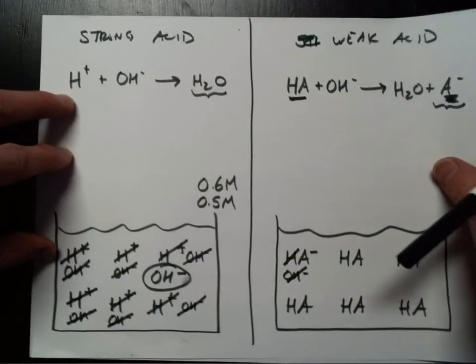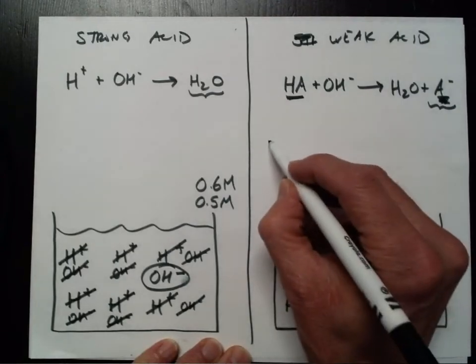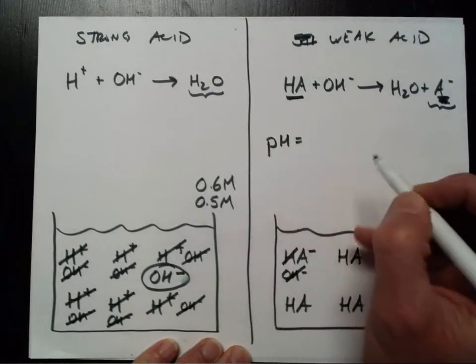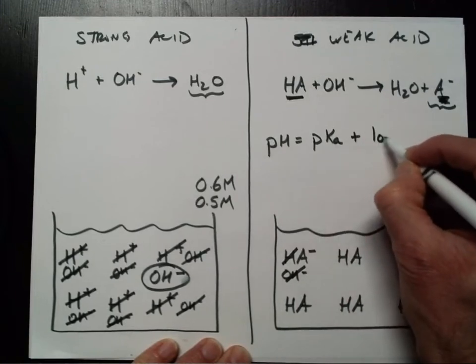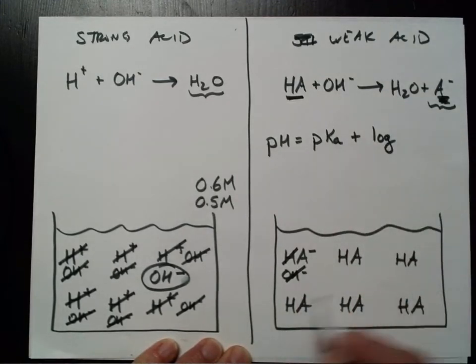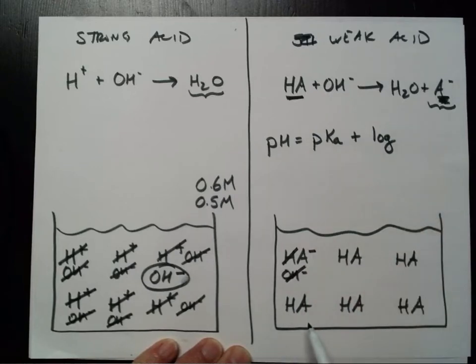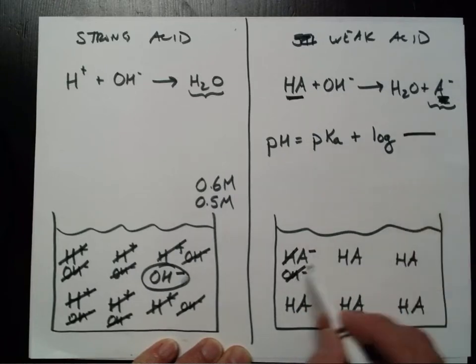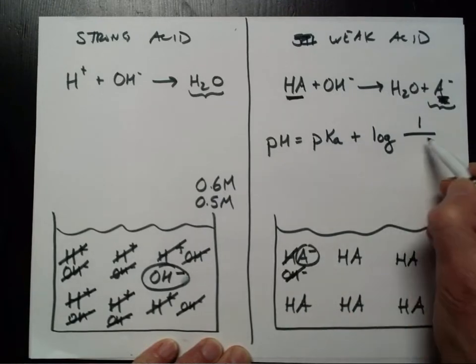Now we've got a buffer. And so once I've started adding hydroxide, I'm going to use the buffer equation. pH is the pKa of the acid, whatever that happens to be, plus the log of the amount of base over the amount of acid. It would be the concentration of the base over the concentration of the acid. In this particular case, we're going to take 1 over 5.